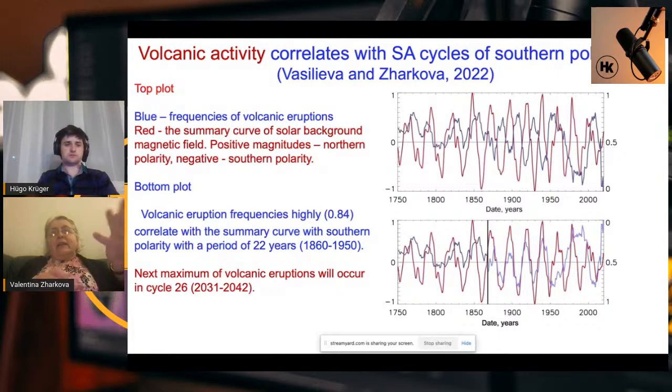This creates a number of accelerated particles which jump to the earth, and obviously they affect the crust of the earth and cause volcanic eruptions and earthquakes. So basically, solar activity with the southern polarity introduces increased geomagnetic activity, and this geomagnetic activity causes the volcanic eruptions and earthquakes.